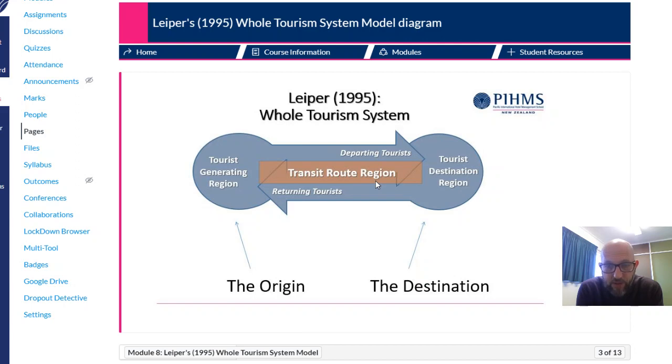The model is also referred to as the basic whole tourism system model. It's called that for a couple of reasons. Number one, it is actually very basic. It shows someone leaving a place, going by a certain route, arriving at a place, finishing their holiday or vacation, and returning via the same route back to their place of origin.